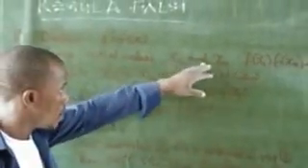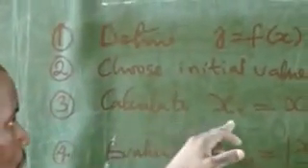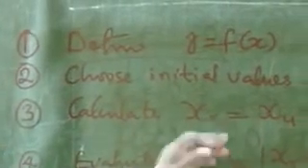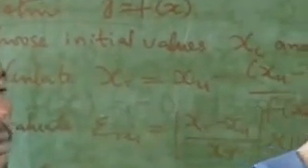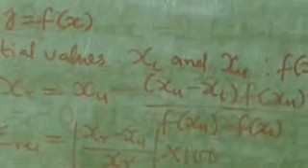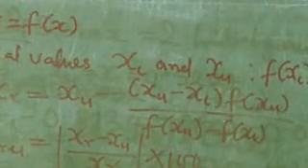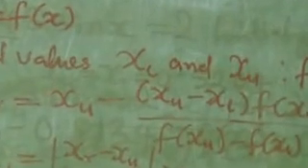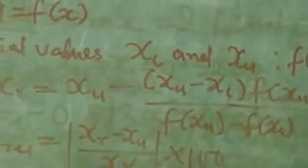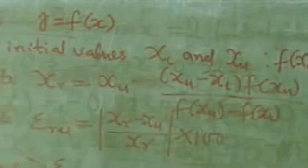Once you have satisfied this condition with two values chosen, you come to the next step, step 3. You calculate the value of xr using this formula. When you're done with that, you come to step 4. You evaluate the relative tolerance using this formula. After evaluating the relative tolerance, you check for this condition.